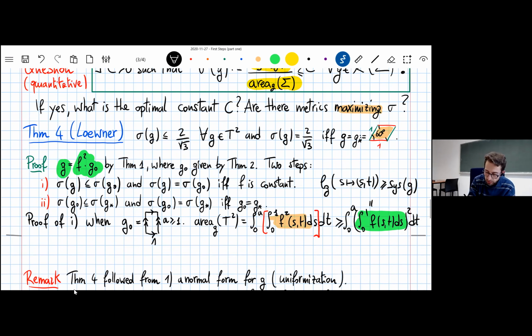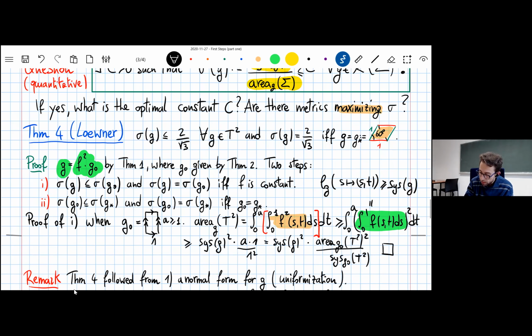Okay, and then if you plug this in, now you're done, because this is bigger or equal than the systole of G squared times A. And if you see what this A is, you can think about A times 1 divided by 1 squared, and this is the area with respect to G0 of T2 divided by the systole with respect to G0 of T2 squared.